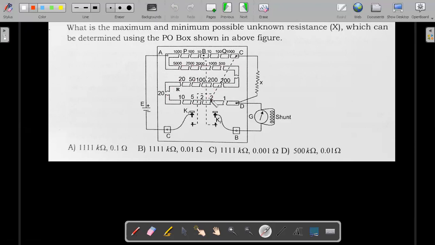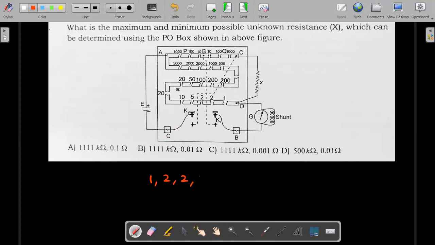It's something very simple. So he's asking you using this four-arm post office box. You can see there are four arms this time. What is the highest value of X you can measure, and what's the lowest value? That's the question. So try to pause, give it a fair try, and then move on to look at the solution. First and foremost, why 1, 2, 2, 5?